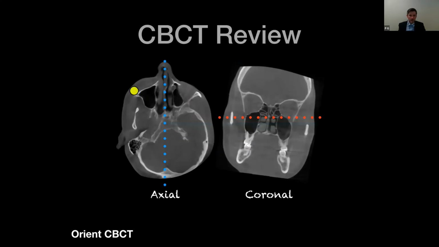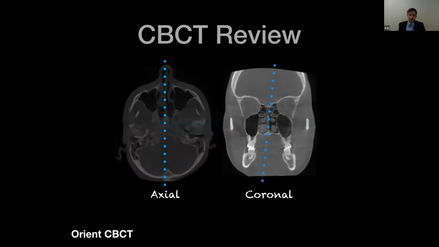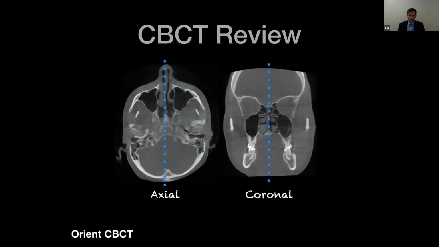And again, we can see part of the ramus here. We cannot see it on this side. So orient your patients first, and then that will ensure your success later on for checking for symmetry really quickly. So do that in the axial and the coronal views. I always orient my scans first.